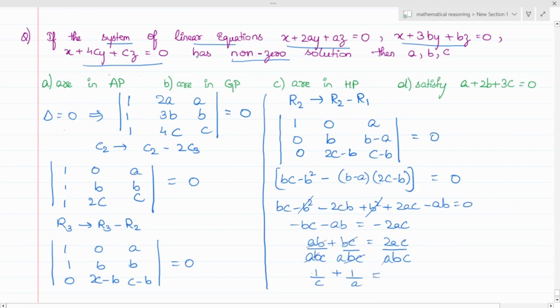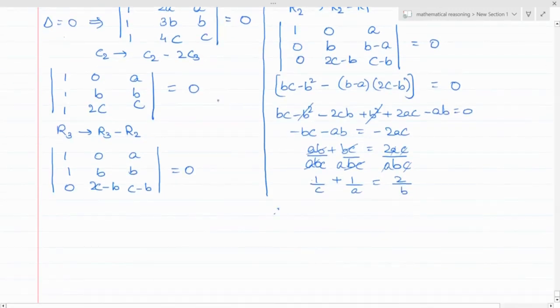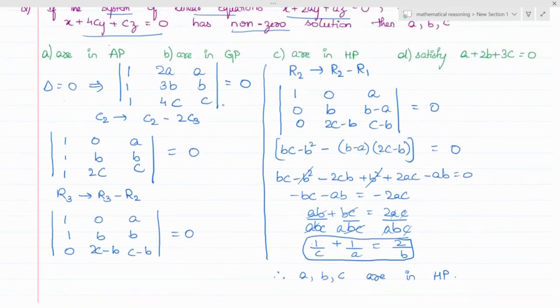And here ac gets cancelled, just 2 by b. So from here we can say that a, b, c are in HP, right? This is the condition for the harmonic progression. So according to the options, option 3, c is the correct answer to this question.